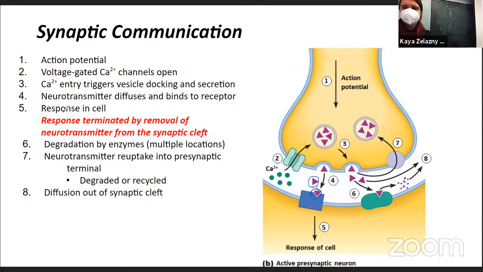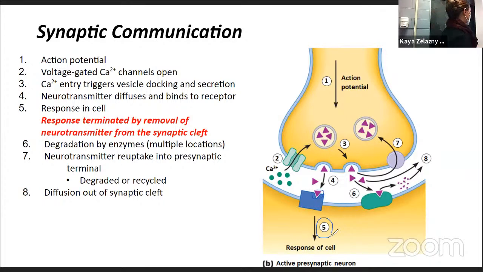It might seem like it's that crossing that takes time, but it's actually the process of triggering the vesicle with the calcium to release and getting that neurotransmitter out that takes most of the communication time. This process is really fast. So we have our neurotransmitter binding to our receptor. That's number 4.